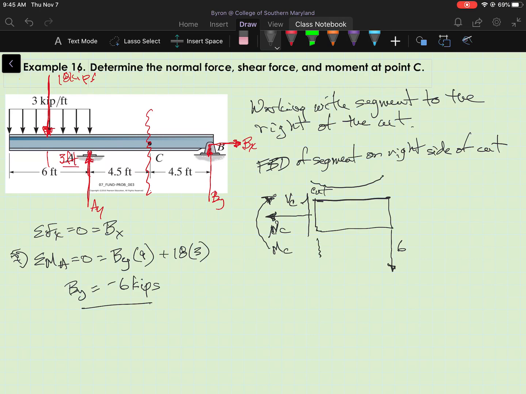I have a 4.5 foot distance from the cut to the right end of the beam, and now I can apply the equations of equilibrium to this free body diagram. I have 3 unknowns, V sub C, N sub C, and M sub C, and 3 equations, so I should be able to get there.